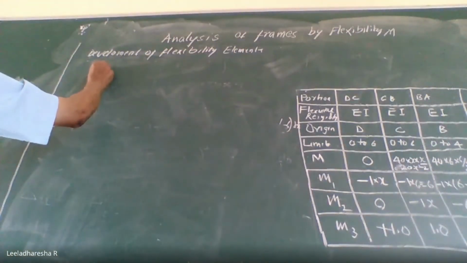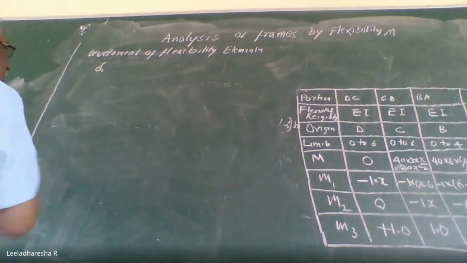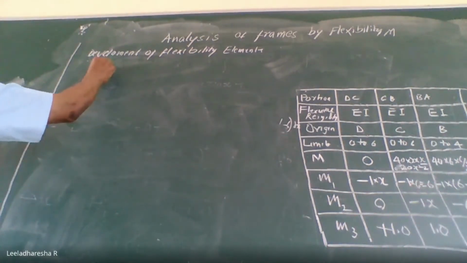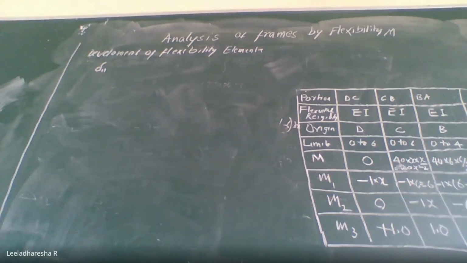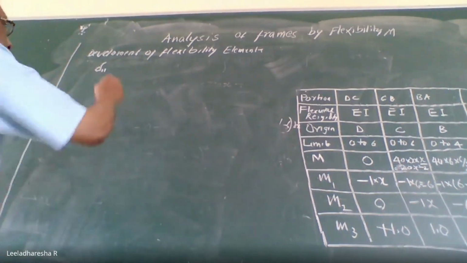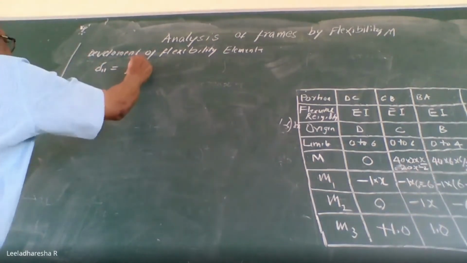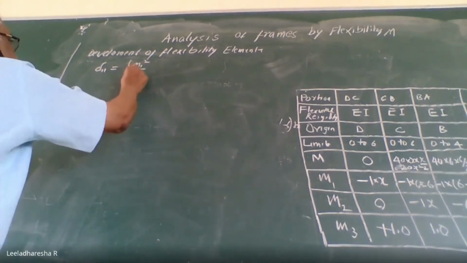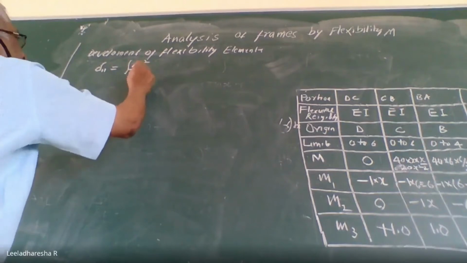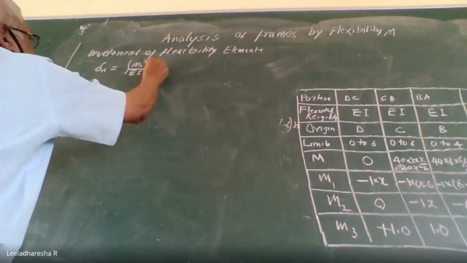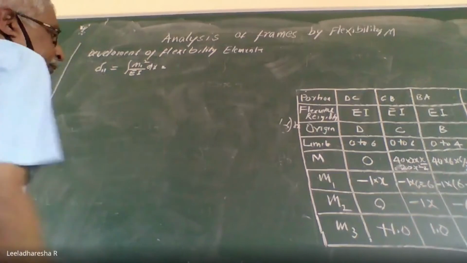So now, displacement at coordinate 1 due to unit load at coordinate 1 is equal to sigma m1 square divided by EI into dx, for all the three portions.